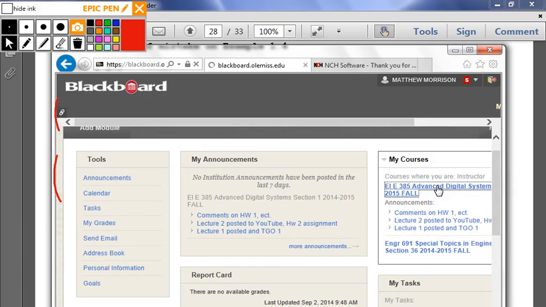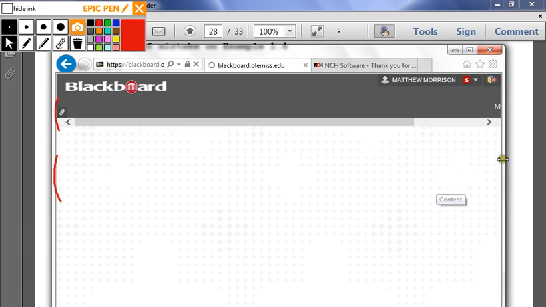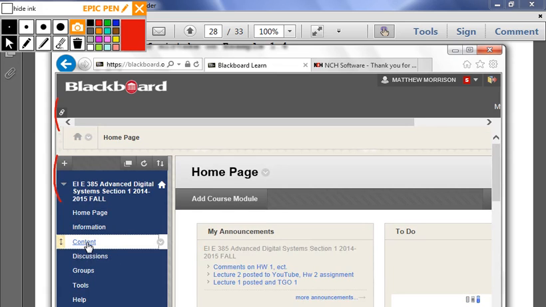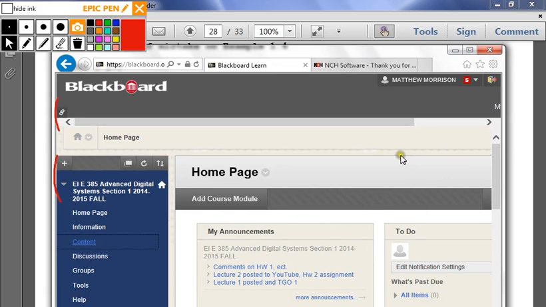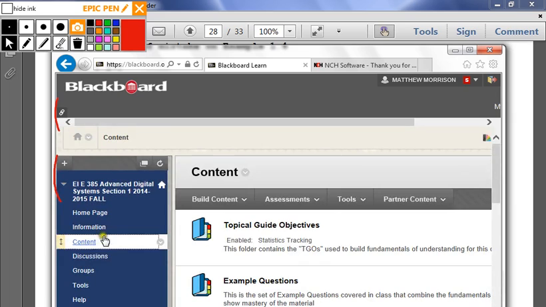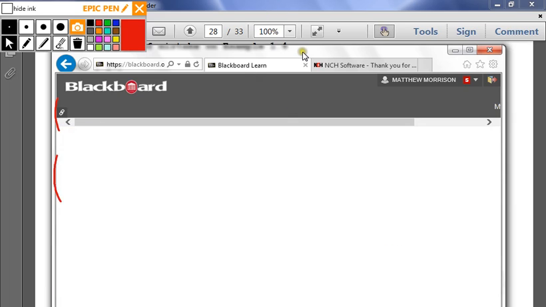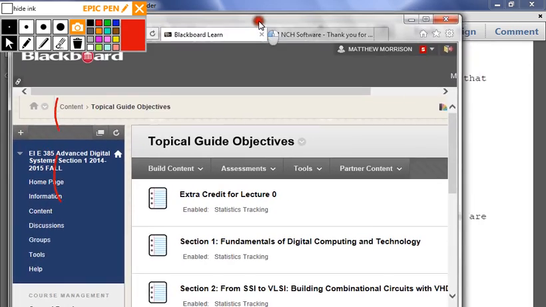Oh yeah. Okay, so you could go under content, if it ever decides to go. There we go. For example, topical guide objectives. So this one is TGO 1.27, right?